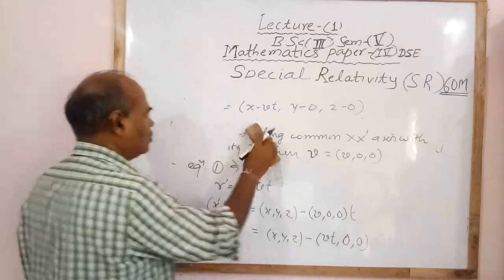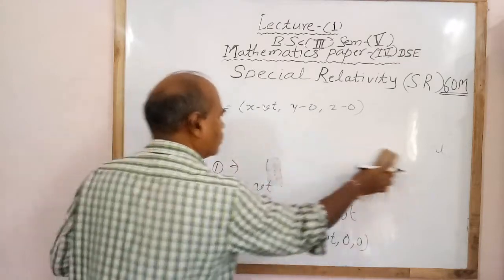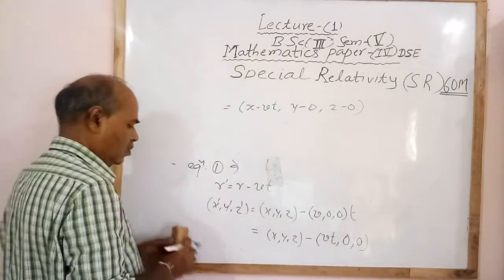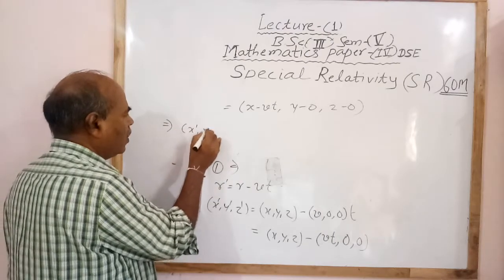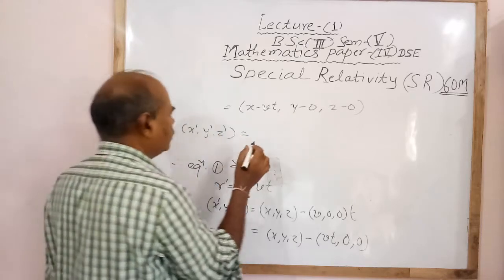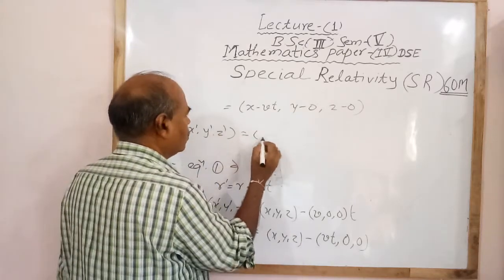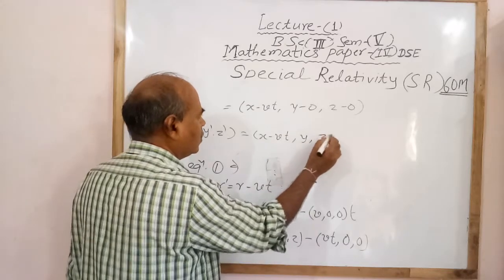In the left hand side, there is x dash, y dash, z dash. Therefore, x dash, y dash, z dash equal to x minus vt, y, z.